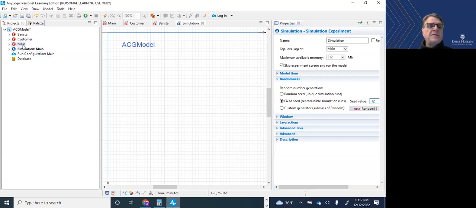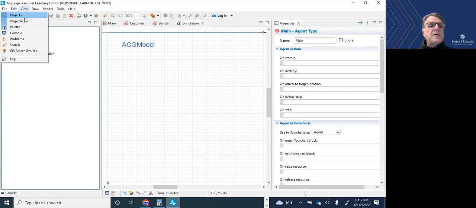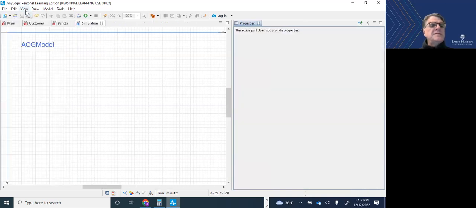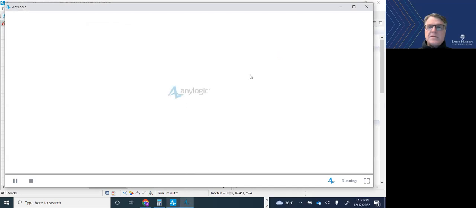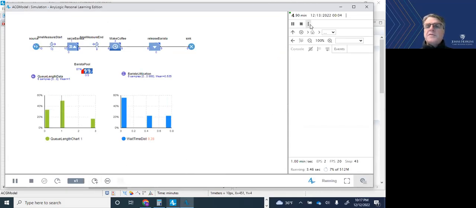So the key point is just to have a different number there to get a different stream of results. And I want to view my projects. View the palette, excuse me. How do I get my model back? There it is. Okay, and I'm going to simulate this again for you just so we can see how it played out. So I want to go to 25,000.